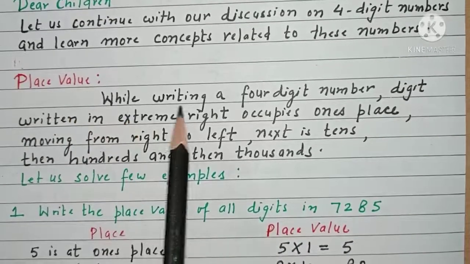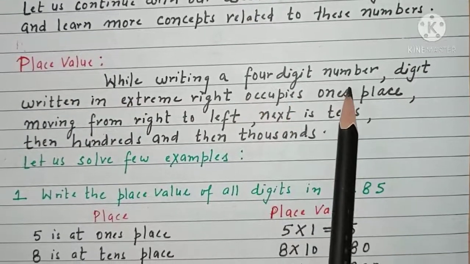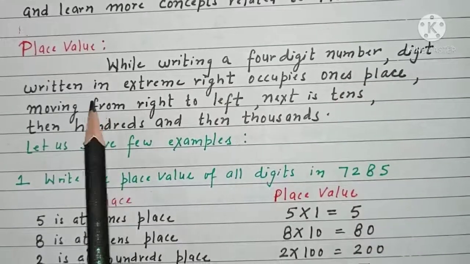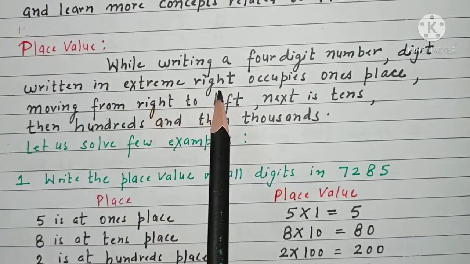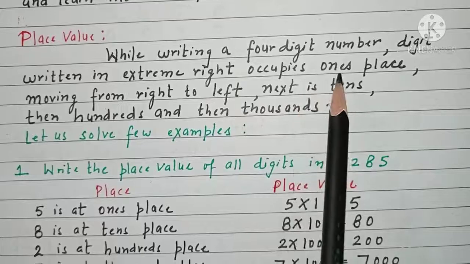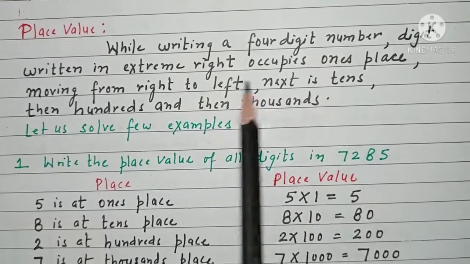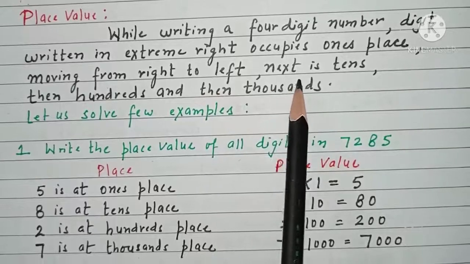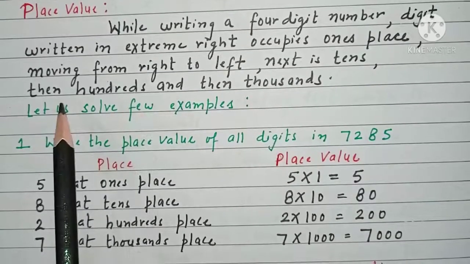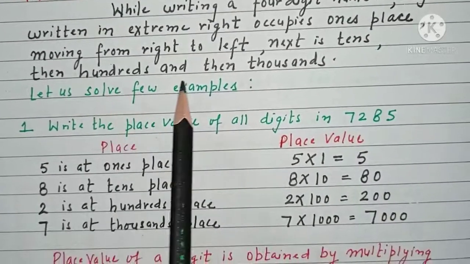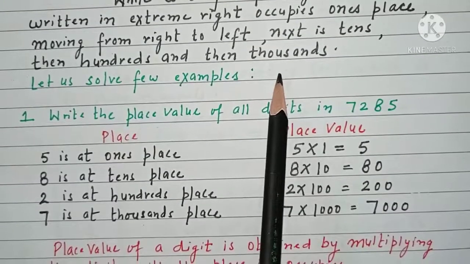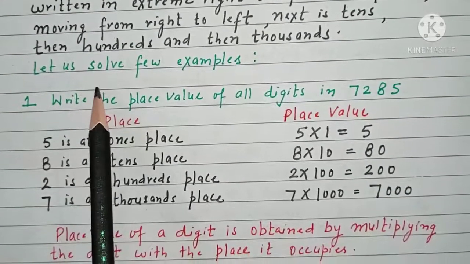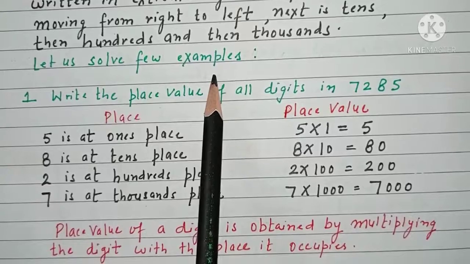Students, while writing a four-digit number, the digit written in the extreme right occupies one's place. Moving from right to left, next is tens, then hundreds, and then thousands. Let us solve a few examples.